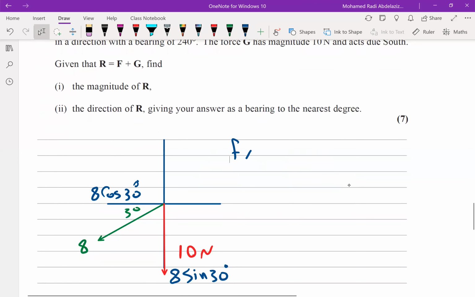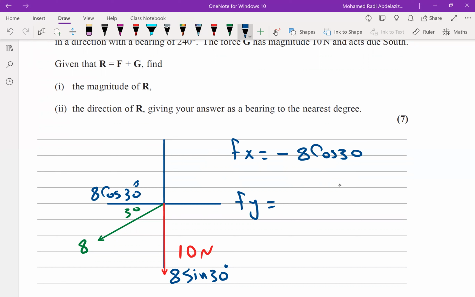Now you can find F of x and F of y. F of x, because it's in the left-hand negative direction, is negative 8 cosine 30, but its magnitude is 8 cosine 30, and F of y is negative 10 minus 8 sine 30.